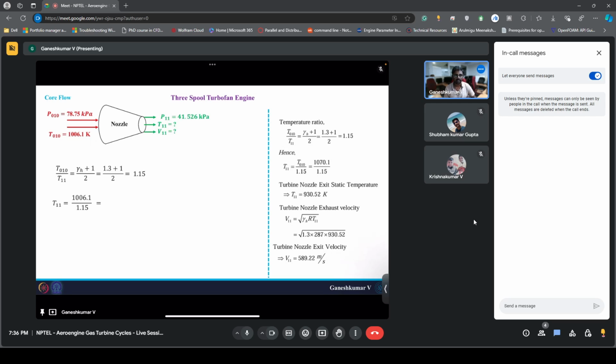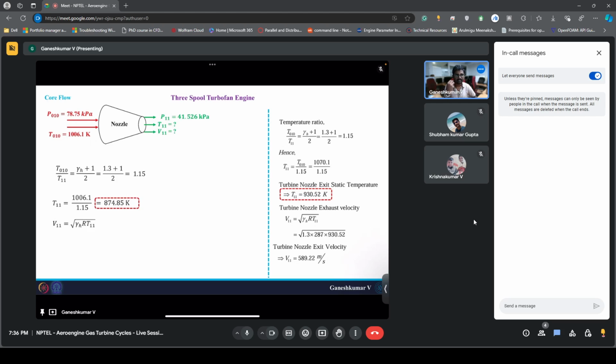However, the absolute value of temperature will change because the inlet temperature is different. So you can find the temperature at the exit of the nozzle to be 874.85 Kelvin, which was 930 Kelvin when there is 10% air bleed. Okay, that's a tremendous reduction in temperature.